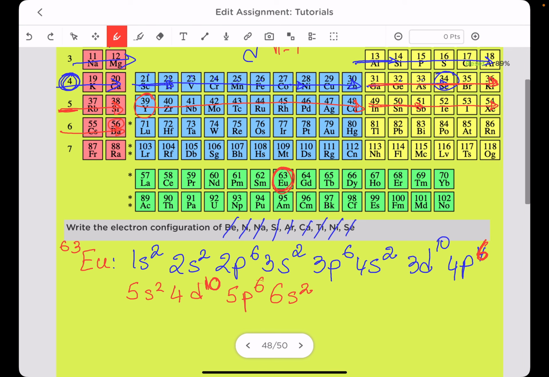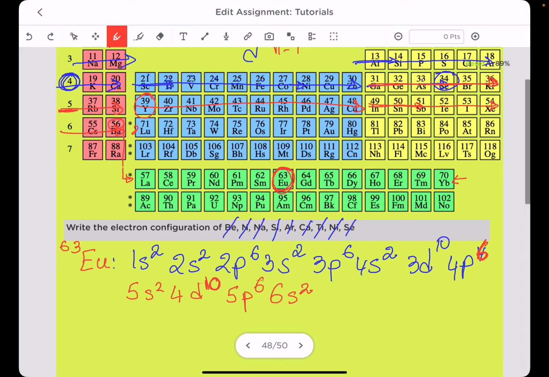Here it says 56, but here it says 71, because the periodic table doesn't continue straight from 6s to 5d. No, it passes first through the f. So you see, 56, then 57, 58, etc. When we reach here 70, then we go back to over here.